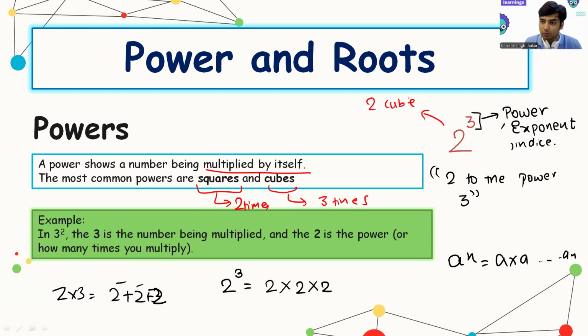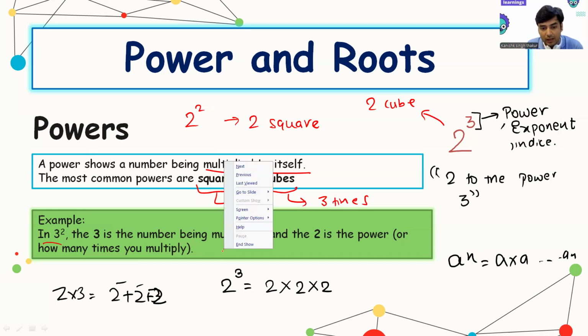Writing is the same, 2 to the power 3, but I'll read it as 2 cube. If I had 2 to the power 2, I'll read it as 2 square. So in 3 square, 3 is the number being multiplied by itself 2 times. So it is 3 times 3, which is 9.